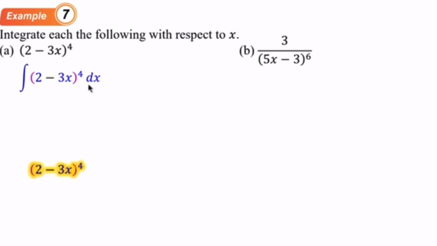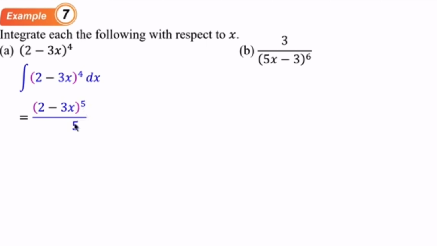Integrate (2 minus 3x) to the power of 4 dx is equivalent to (2 minus 3x) to the power of 5, divided by 5 because of 4 plus 1. And we have to divide by the a, which is negative 3, alright?